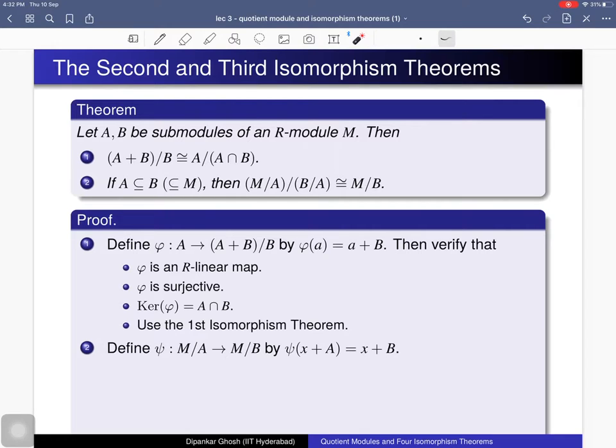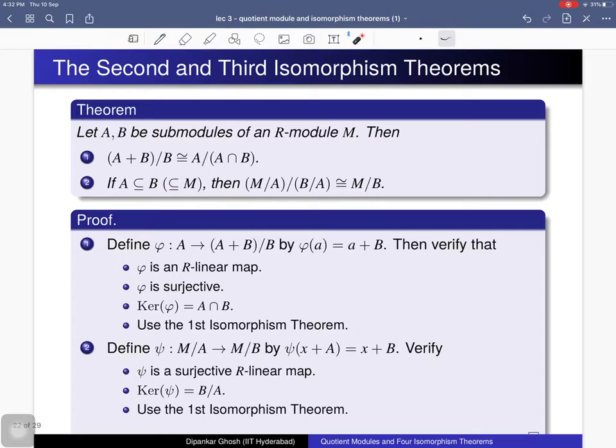And again one can verify that this is well defined. Why? We should prove that this is a well defined map because we are working with equivalence classes, and an equivalence class may have many representatives. So let's say x+A is the same as y+A, then it gives that x-y is in A, but A is contained in B. So x+B is the same as y+B.